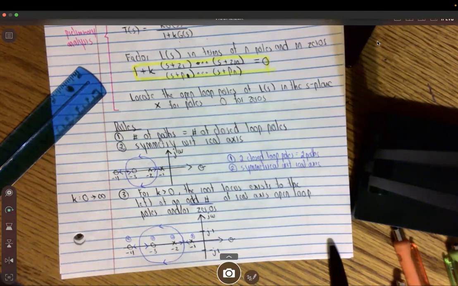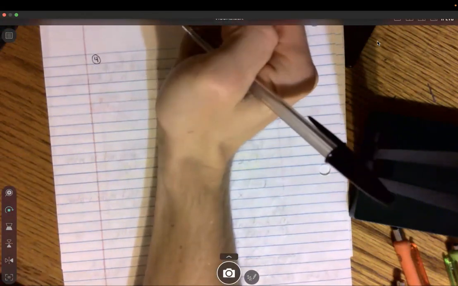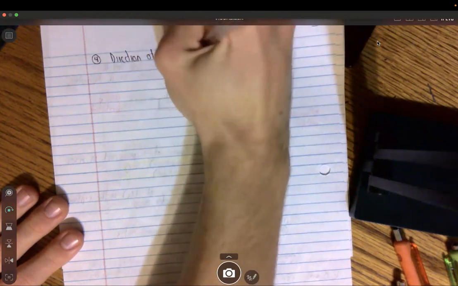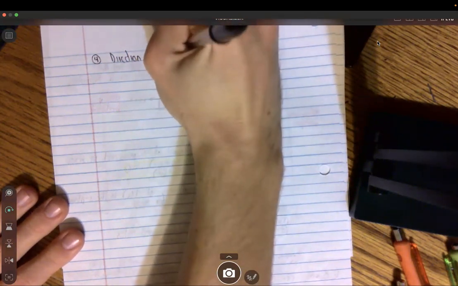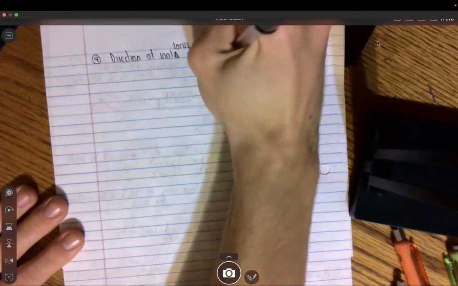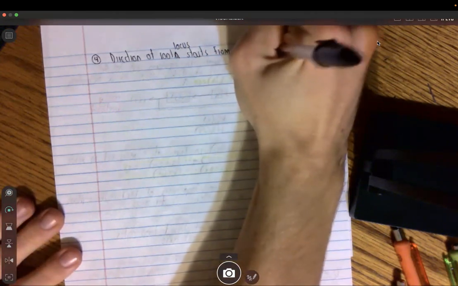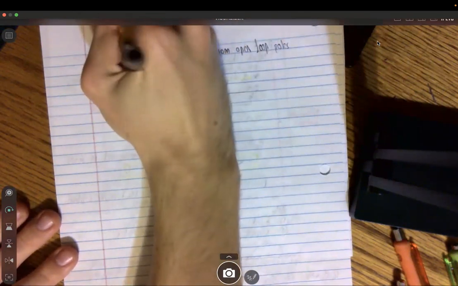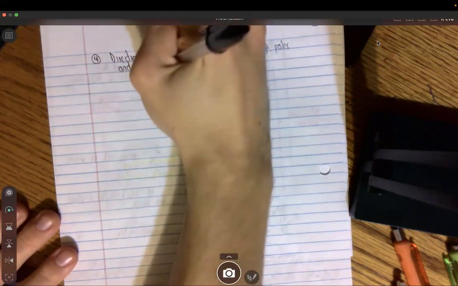Okay, now that we talked about that one, we're going to look at the starting and ending points. So this is the next rule that we're going to be interested in, rule number 4. And so the direction of root locus starts from open loop poles and goes to open loop zeros or infinity.